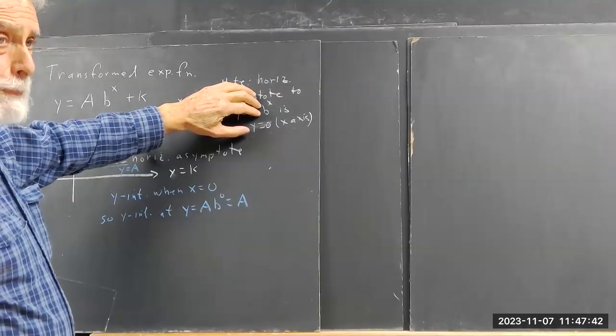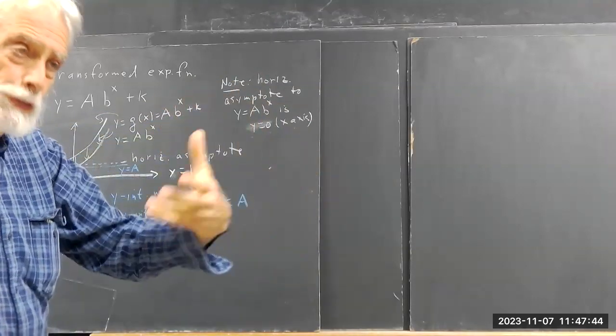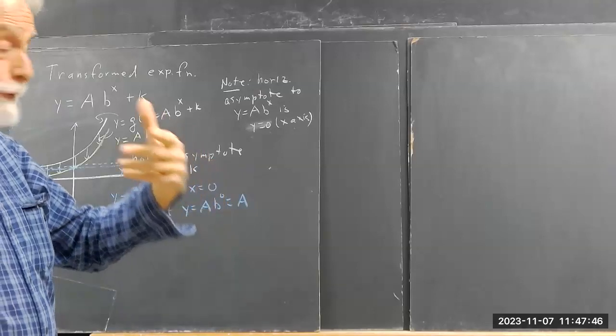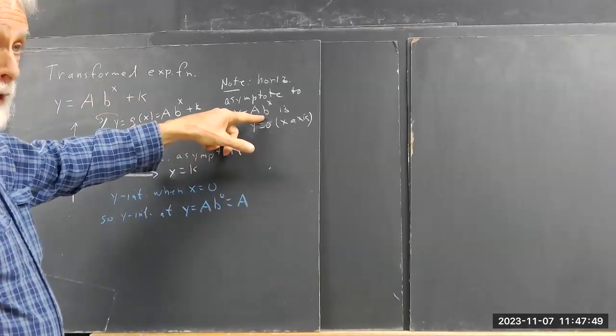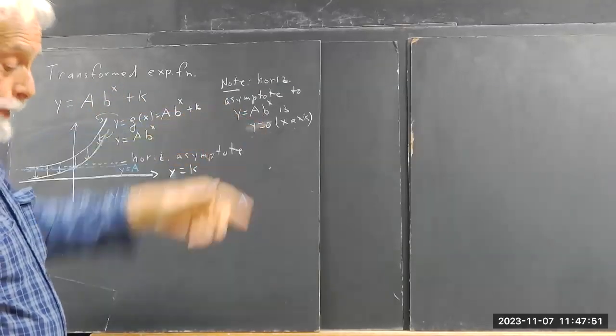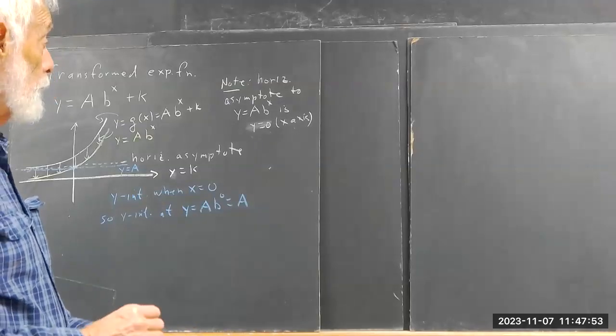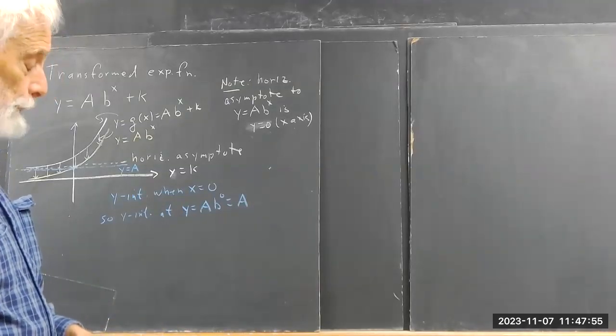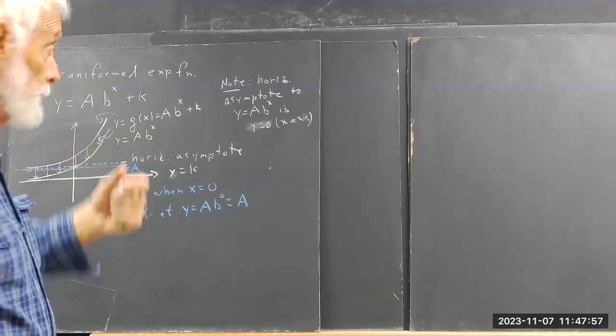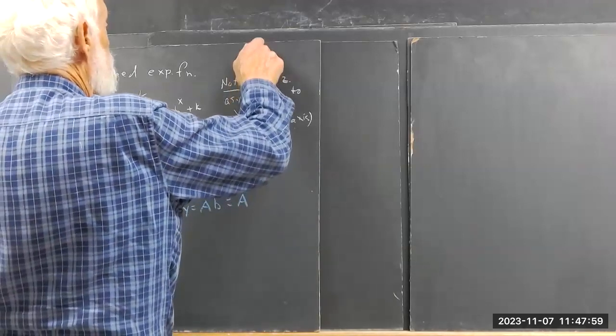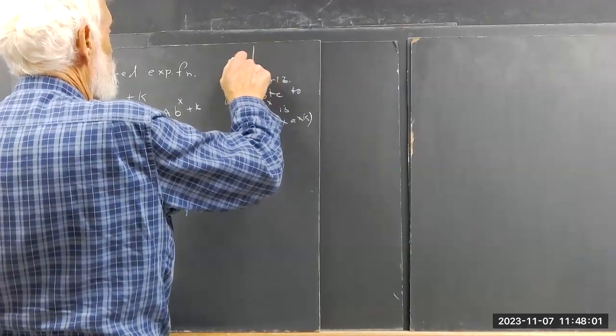It's going to be the same for b to the x because you've constructed graphs of b to the x for different values of b. They all have y-intercepts and horizontal asymptotes.